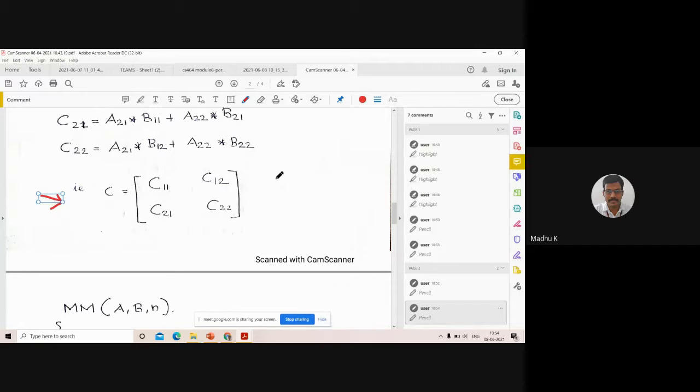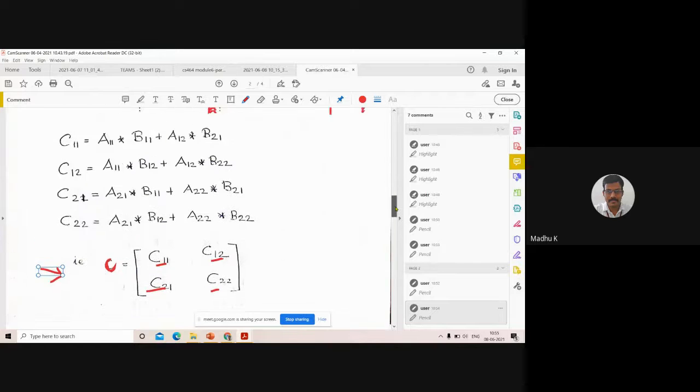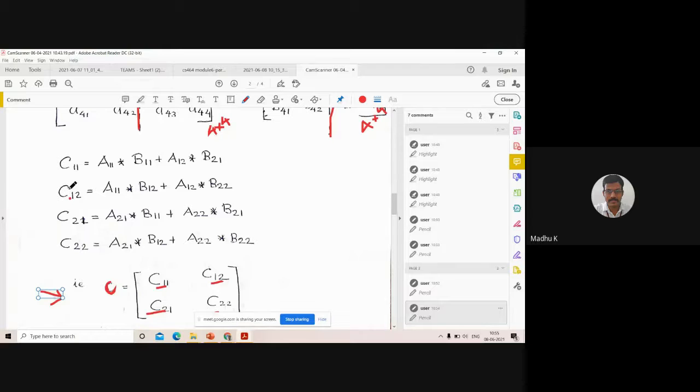This is the final C we want to obtain, which has four elements: C11, C12, C21, C22. How is C11 calculated? C11 is calculated using this equation: C11 is equal to A11 into B11 plus A12 into B21.